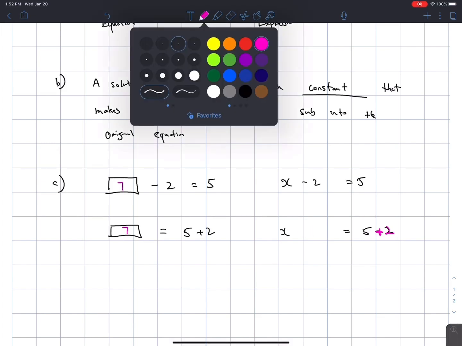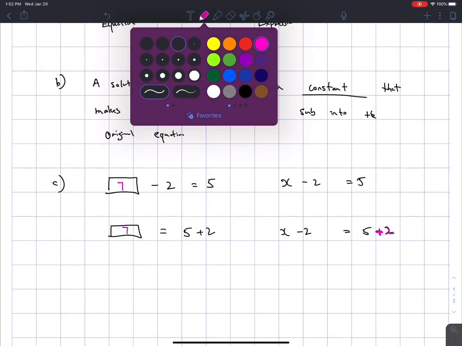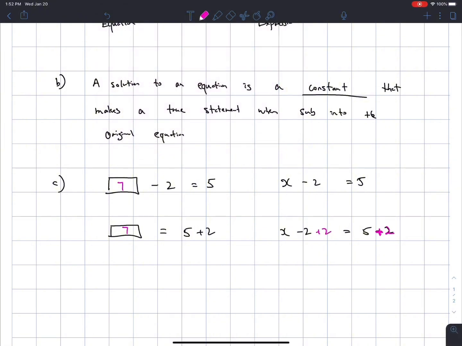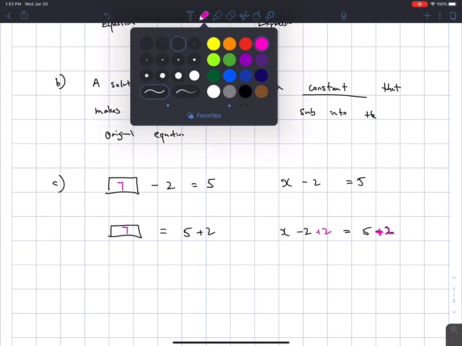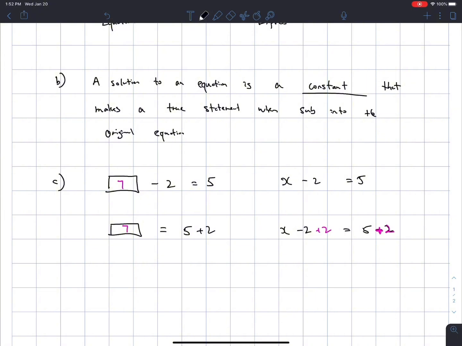So whenever you have a variable minus a number, if you want to get rid of the minus 2, you can just add 2. Whatever you do on the left-hand side, you need to do the same on the right-hand side. And x minus 2 plus 2 is just x, because minus 2 plus 2 is 0. You get x equals 7, right?